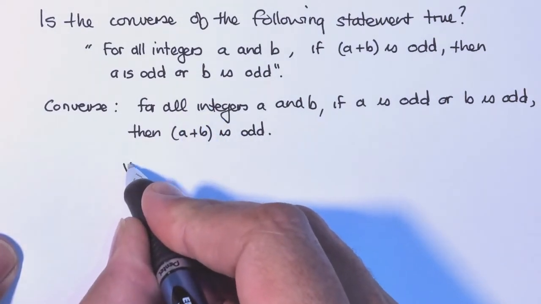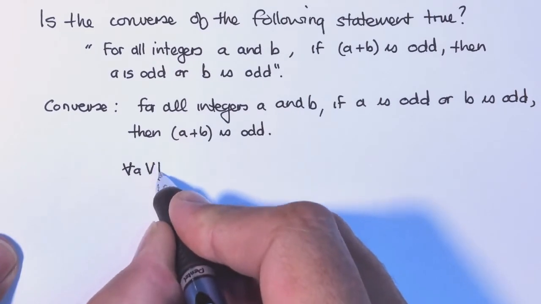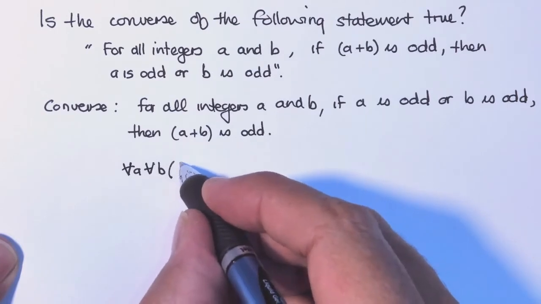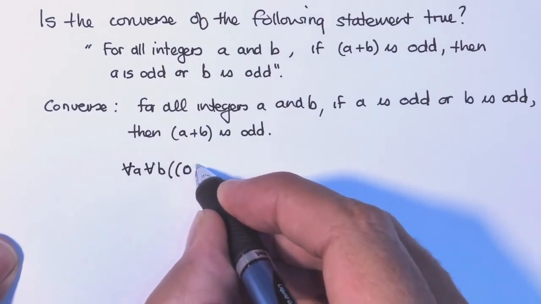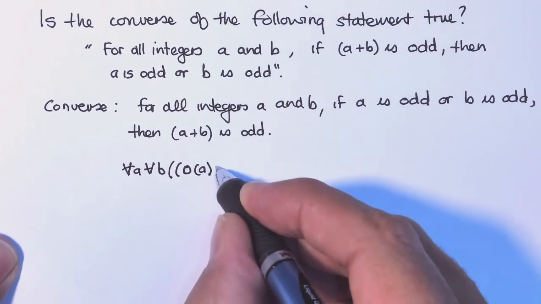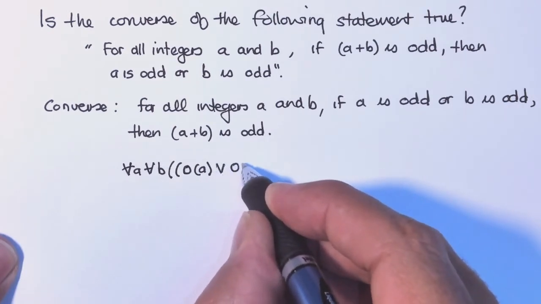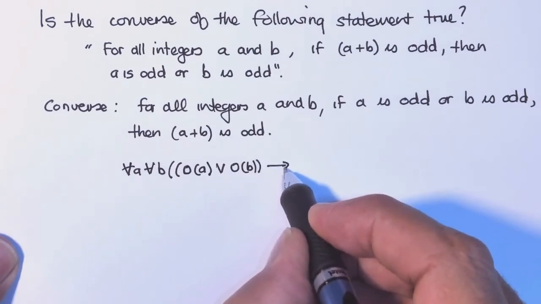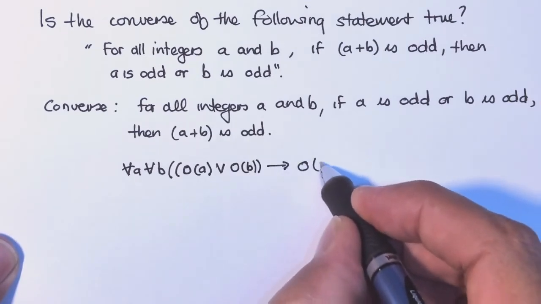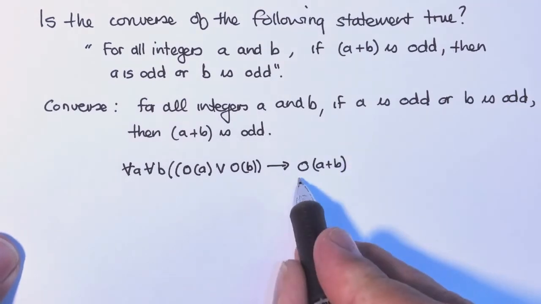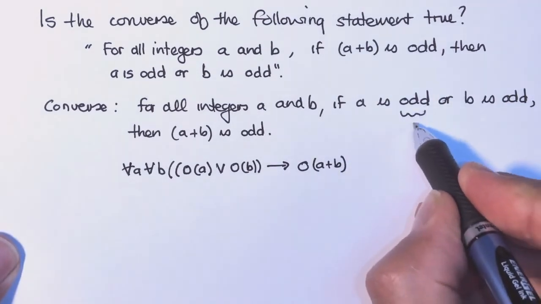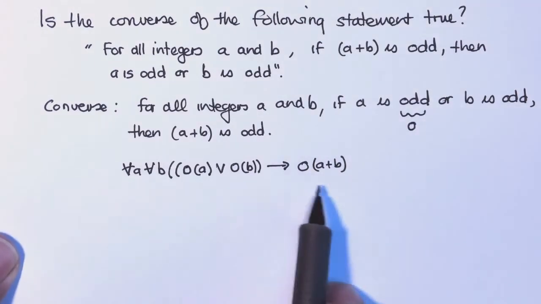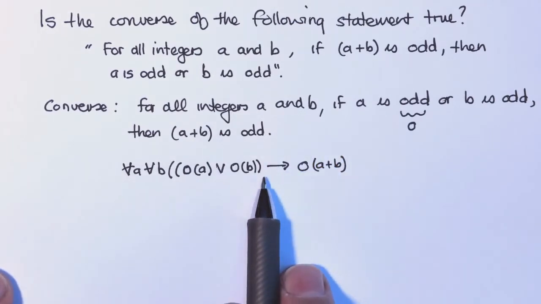For all a and for all b, the following is true: if a is odd or b is odd, then the sum a plus b will be odd. We're representing odd with the letter O. So this is what this statement is saying.